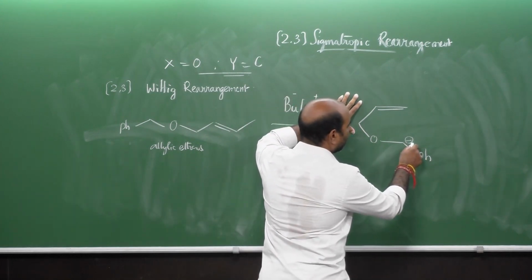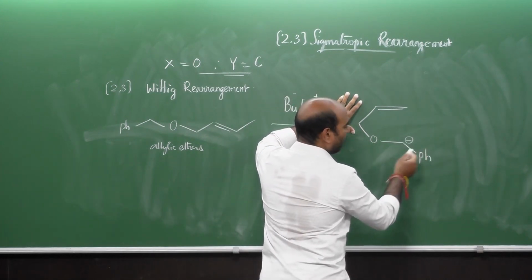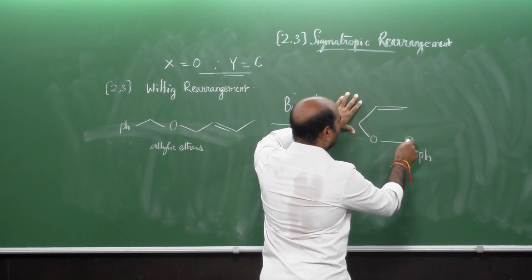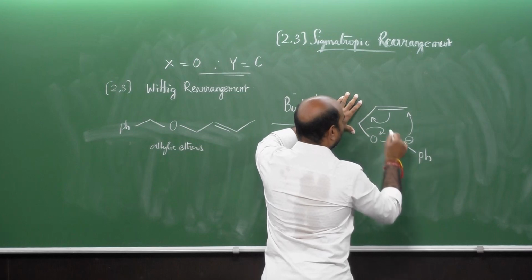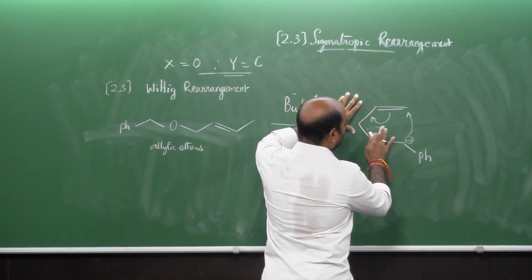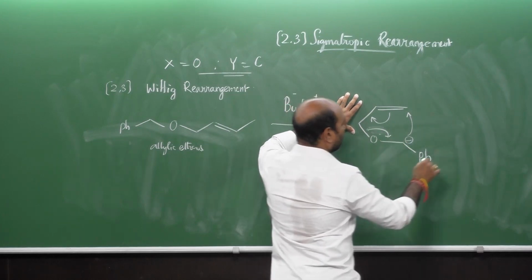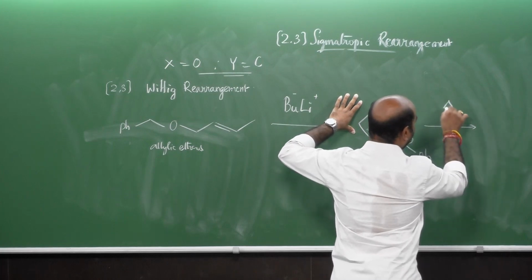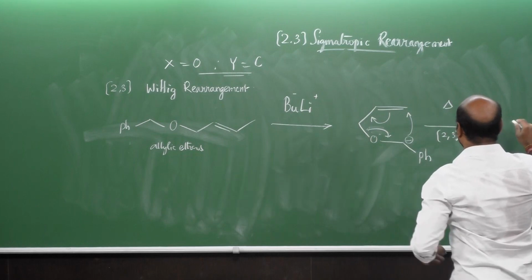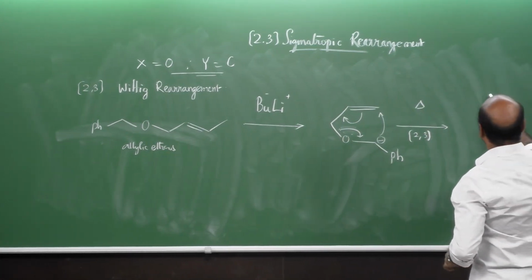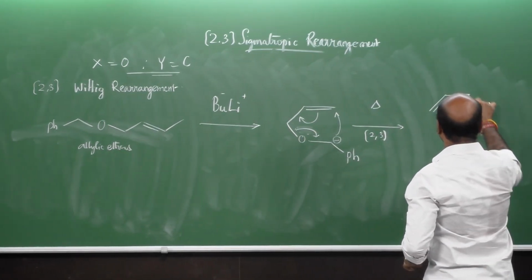Deprotonation takes place, the acidic hydrogen will be captured and negative charge will be generated here. So, this attacks here and this goes here and oxygen will take up these electrons. So, this moves over here. Under thermal conditions, a 2,3 shift is happening, as a result of which the product is this.